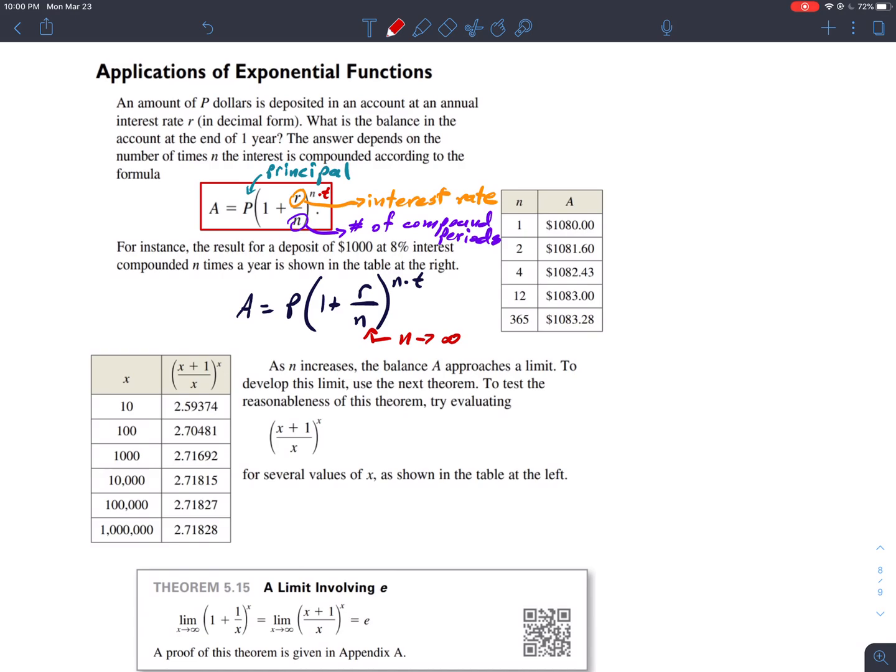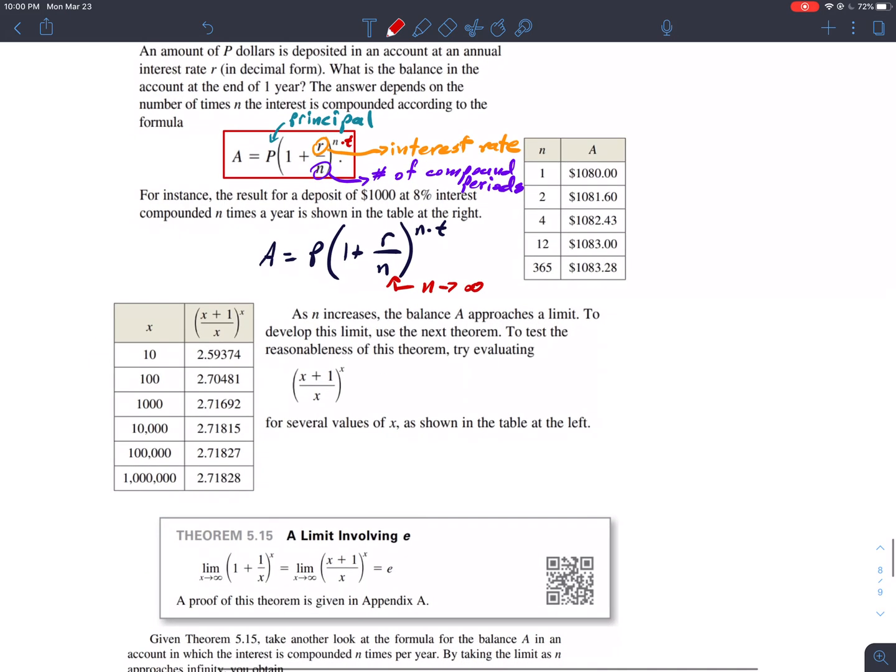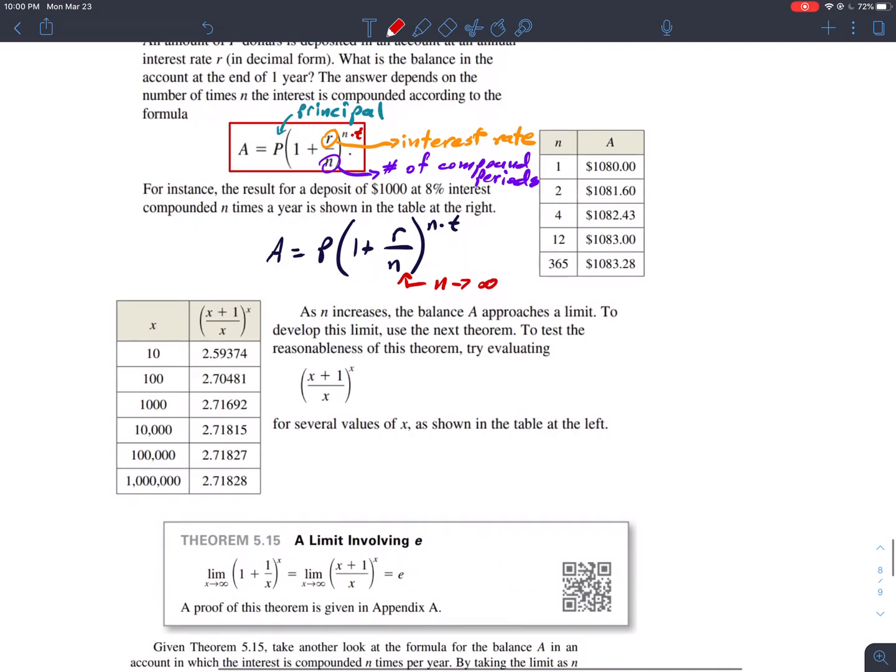And in order to see what happens, we're going to analyze both the theorem that you see here at the bottom, theorem 5.15, and the table here right above. So let's take a look at the theorem.